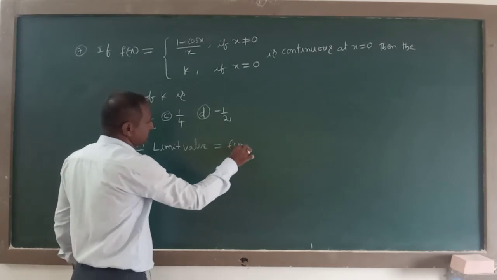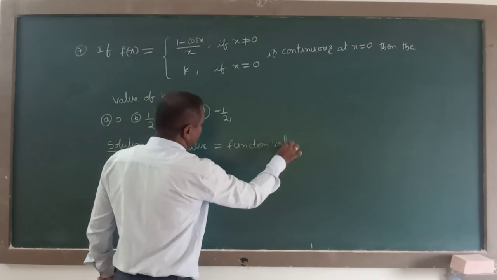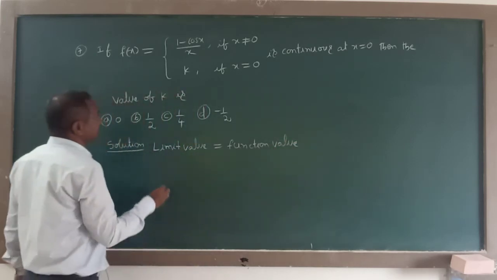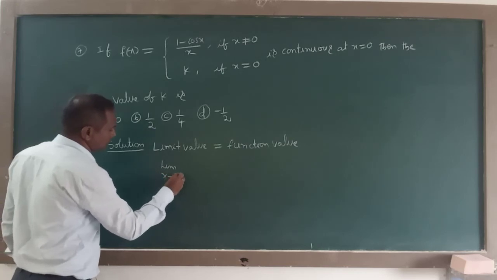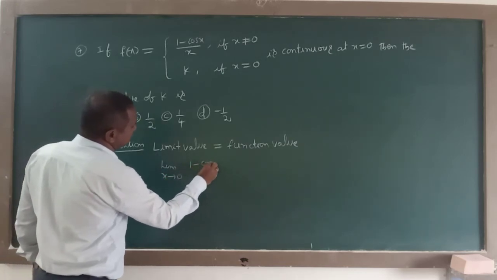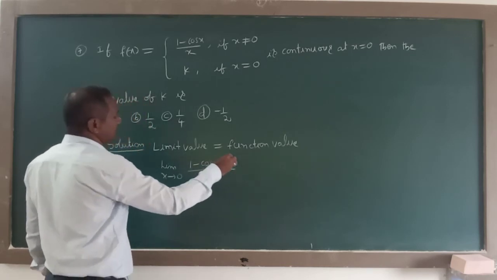Limit value is equal to function value. The limit as x tends to 0 of (1 minus cos x) divided by x is equal to f of 0.